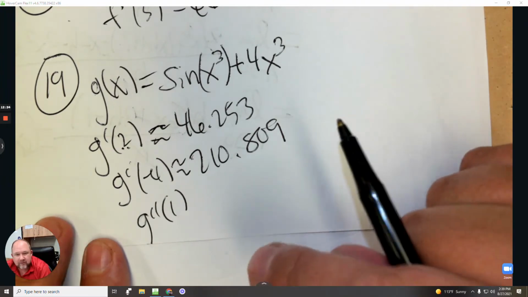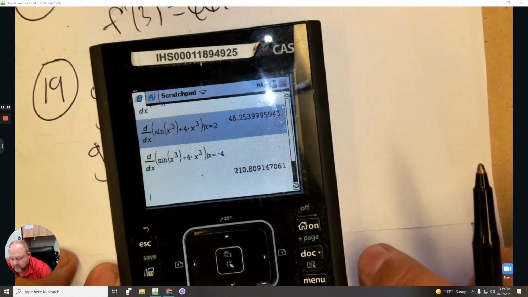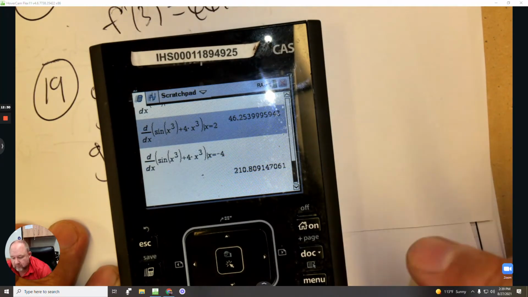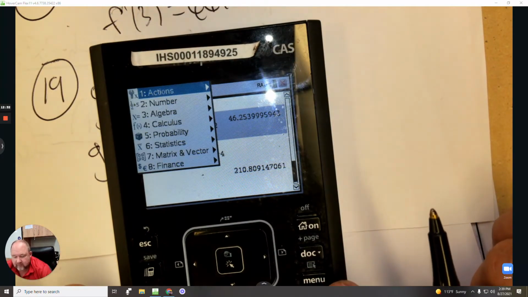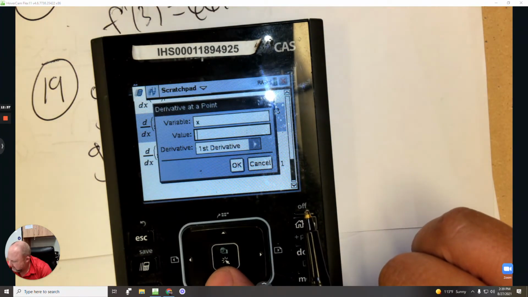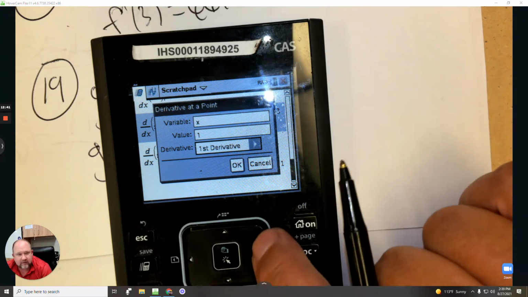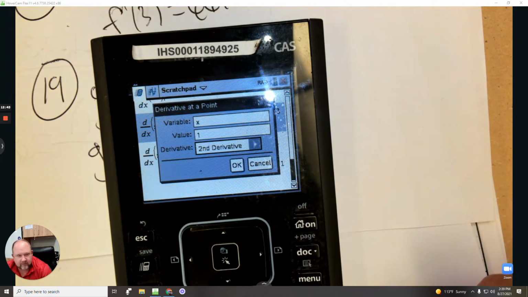And then how do I do a second derivative? Let me show you. So we're going to go menu, calculus, derivative at a point. It's at 1, right? Yeah. And then see this first derivative? Change it to second derivative. Enter.